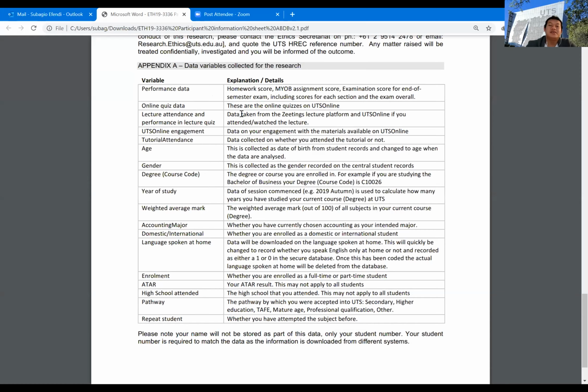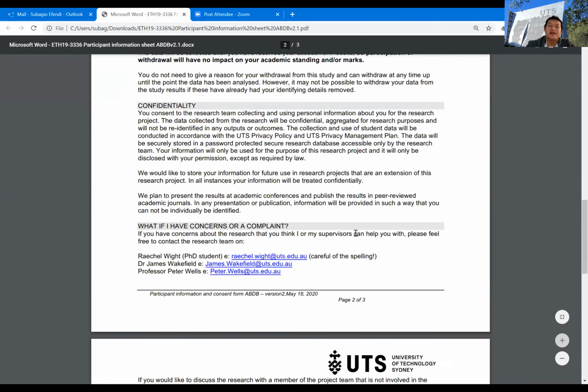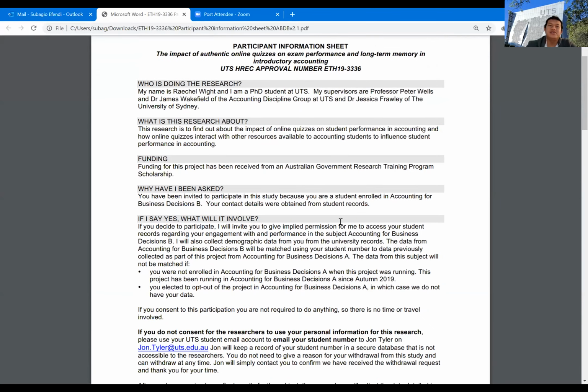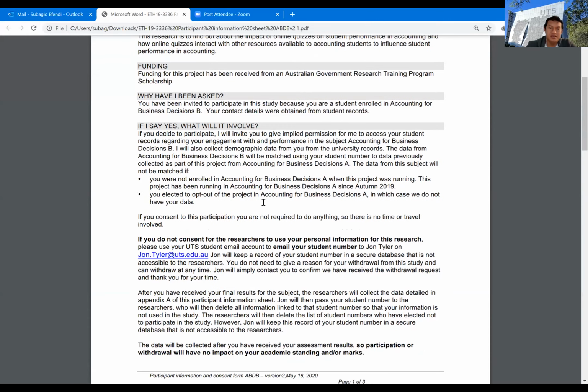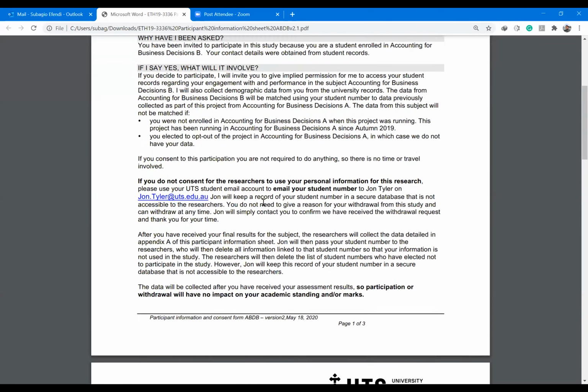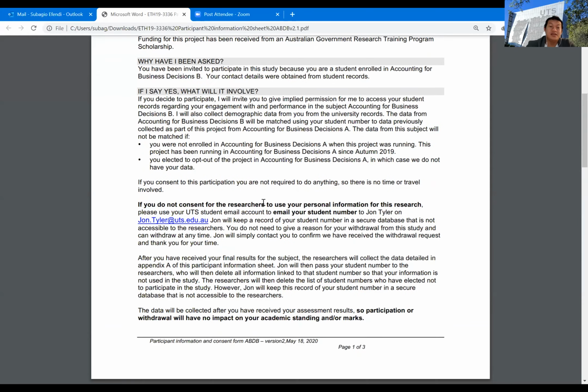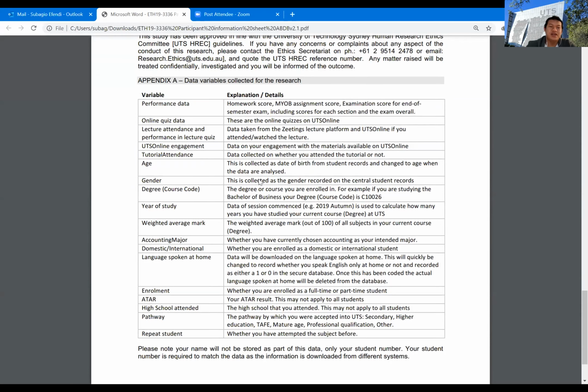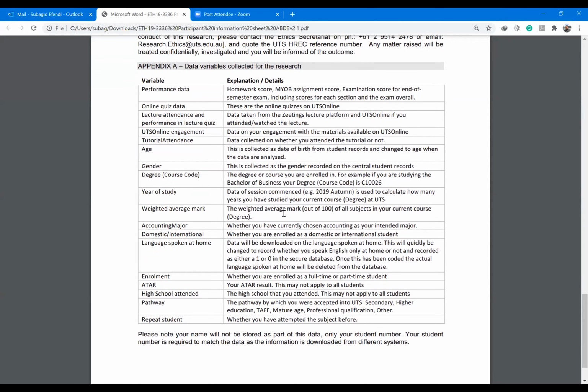Lastly, I have one more announcement. There's a group of researchers at the UTS Business School that want to use your data in the subject. I think you already know this from your accounting A course. They will continue to use your data, which is your mark, your online quiz, your age, your gender, the year of study, weighted average marks, language spoken, and many other information.